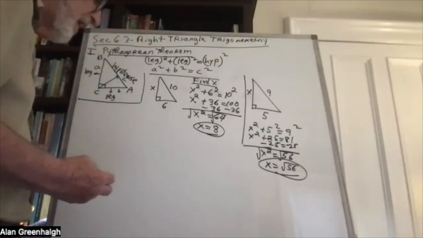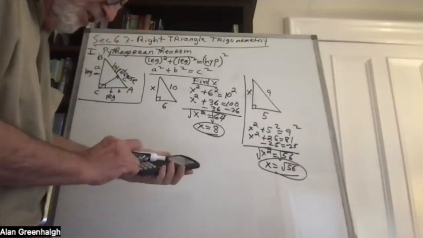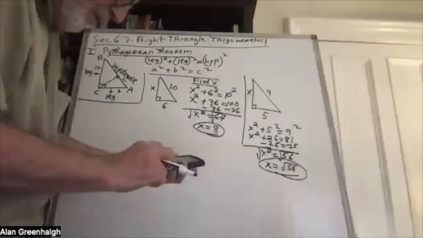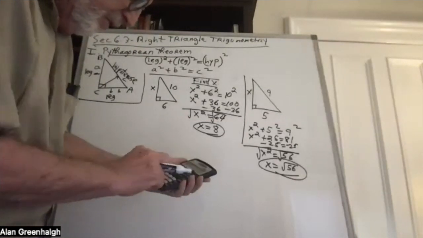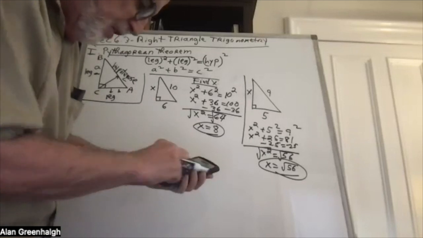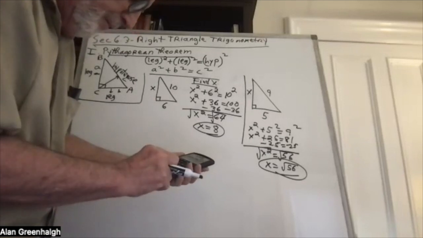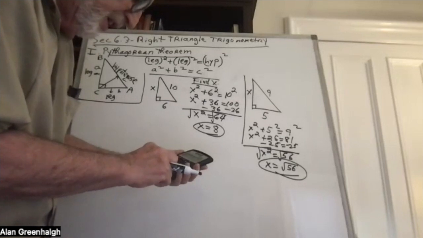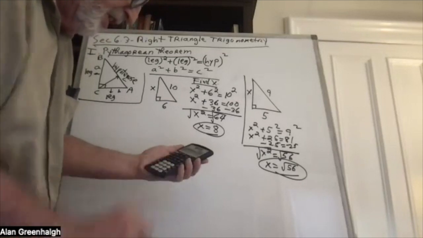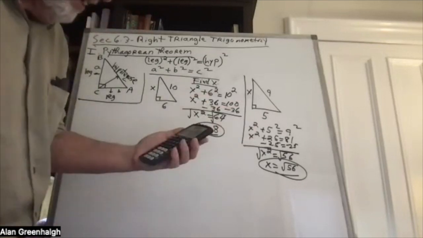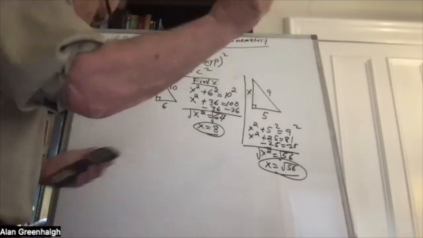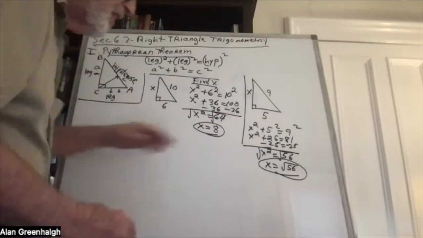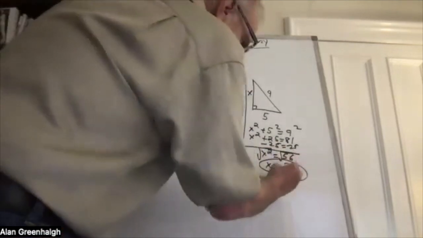When you use your calculator to find the square root of 56, you use second function x squared, put in the 56, and close the parentheses. It comes out to 7.48331 and on and on and on. But the square root of 56 is the exact value.